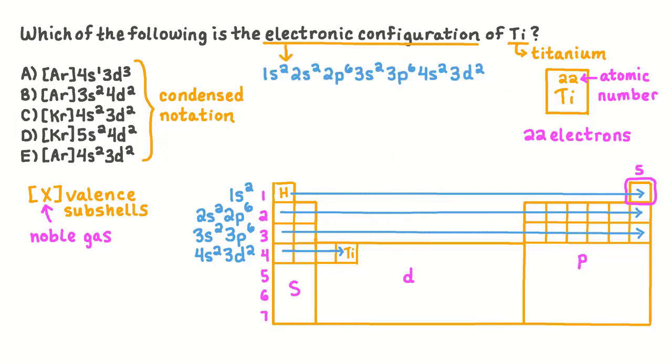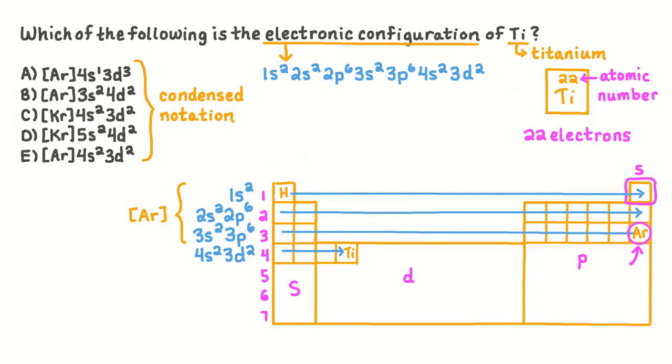To write the full electron configuration for titanium, let's put the subshells in order from left to right. To determine the identity of the noble gas which should be used in the condensed notation, we simply locate the noble gas at the end of the period prior to the period our element is in. Because titanium is in period 4, we look to find the noble gas at the end of period 3, which is argon.